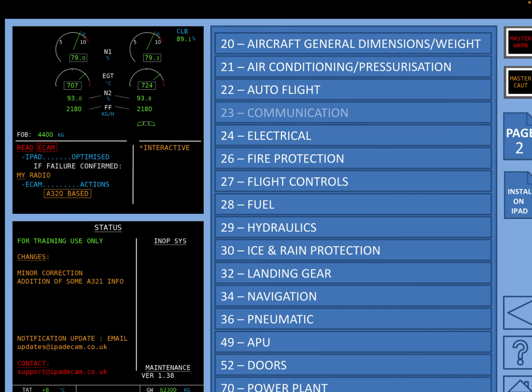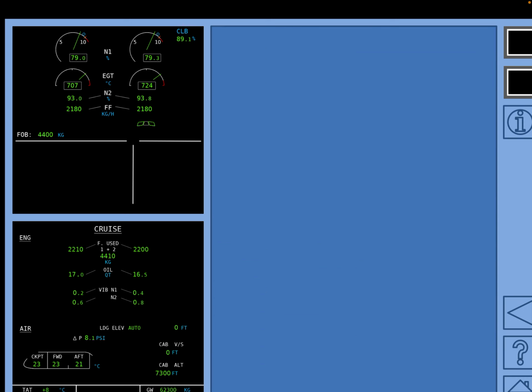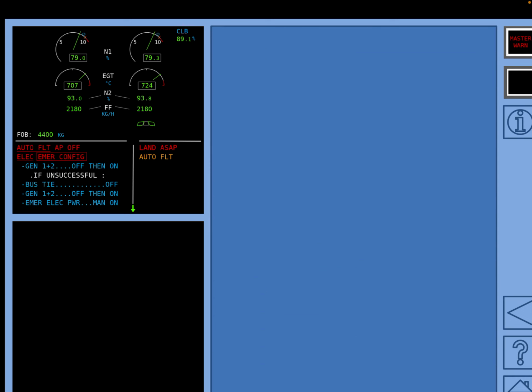So let's say that has been extended. Is it possible to check its position and status? Let's see, I will try to show you if possible. I will give you a situation where RAT will extend automatically. Let's say, go on the electric.